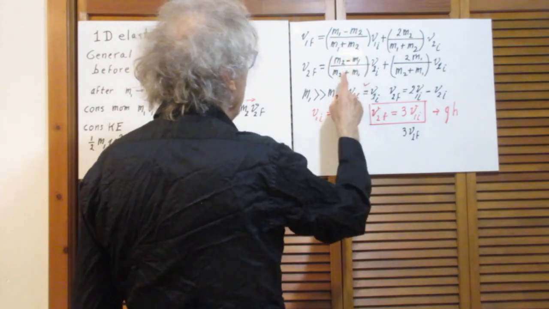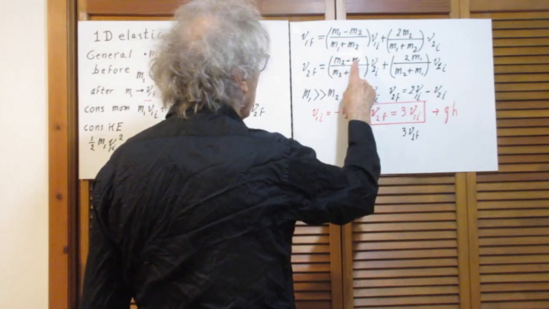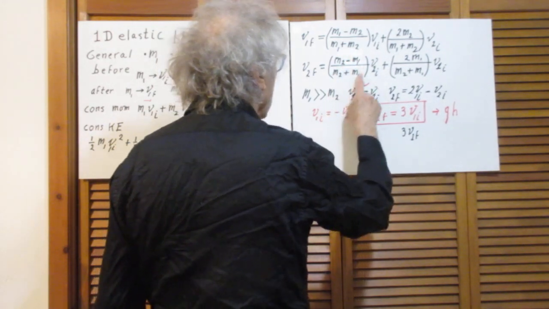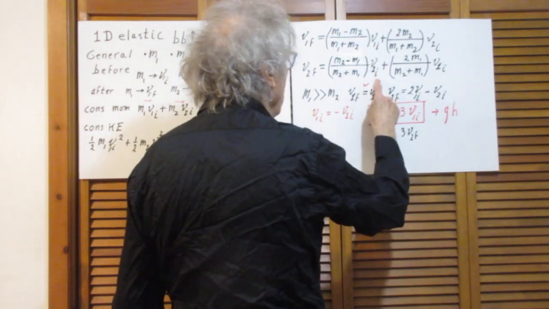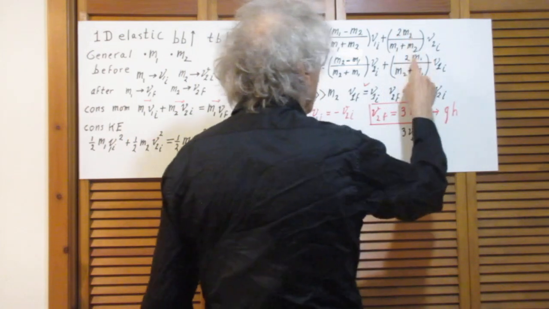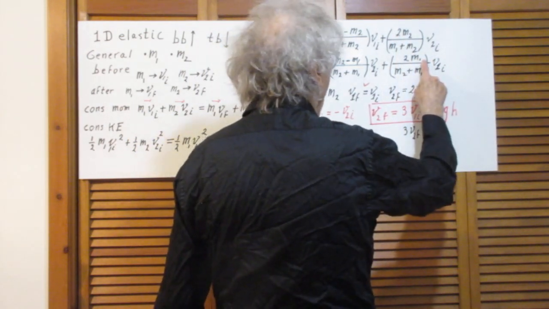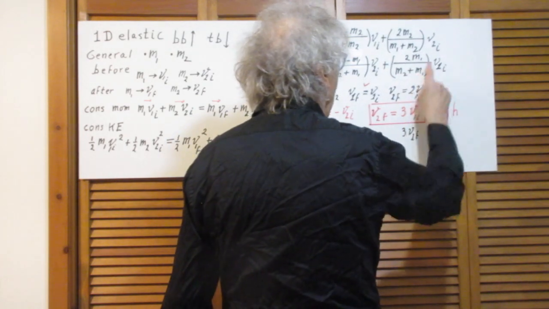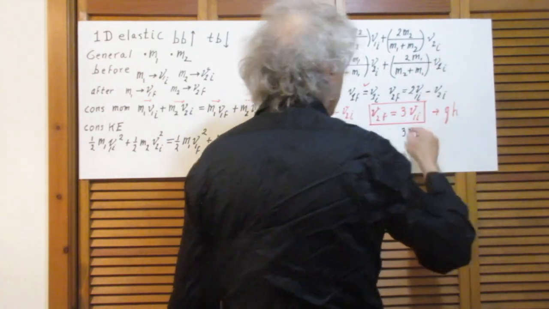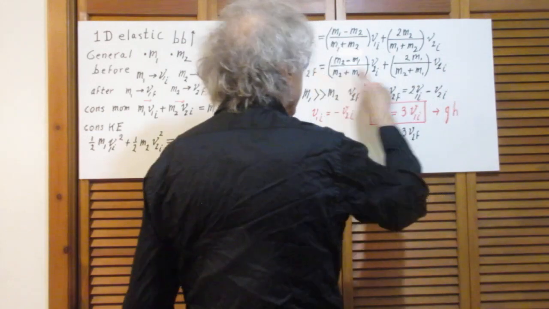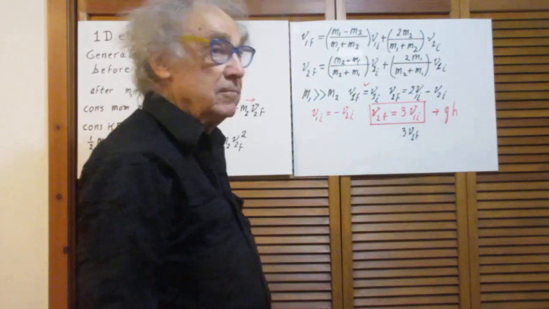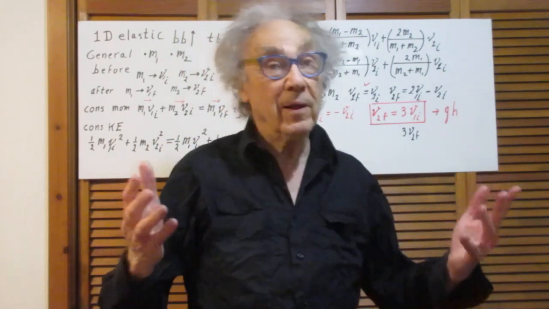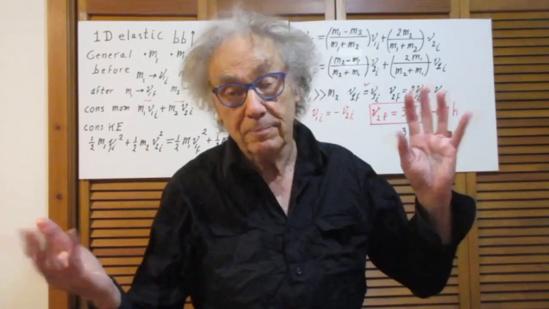M1 minus M2 is now M2 minus M1. M1 plus M2 is now M2 plus M1. V1I is now V2I. 2M2 is now 2M1. M1 plus M2 is now M2 plus M1, and V2I is now V1I. So if this is correct, this must also be correct, because there's nothing special about M1 and M2.